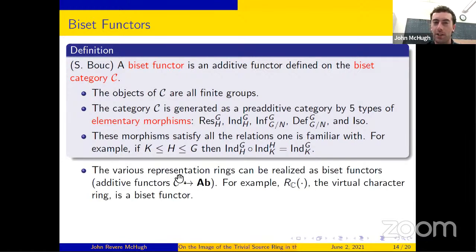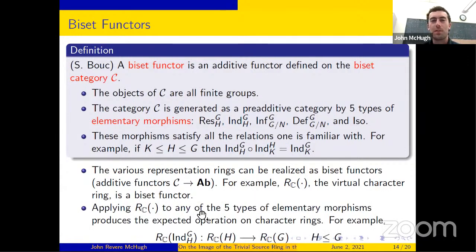Okay, it turns out that the various representation rings can be realized as biset functors. So rather than computing, for example, the virtual character ring for each group individually, you can view this now as a functor defined on the biset category C. And so it ties all of these virtual character rings together. Now we're just thinking of one functor that's defined at any group.